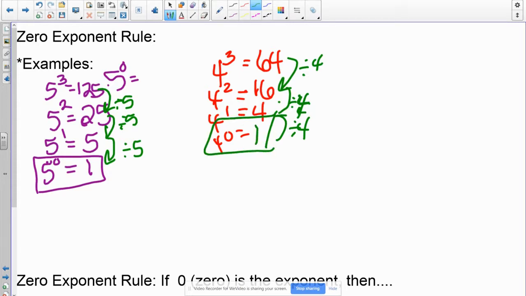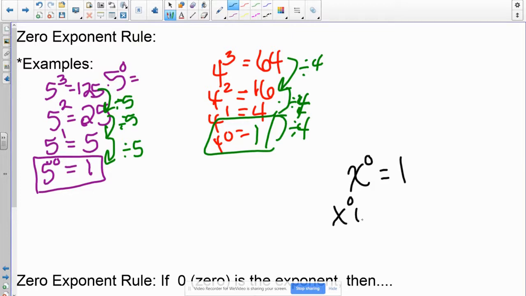So we could do this for many examples with the same base, following the pattern that we learned in Learning Target 1. And we're going to notice that anything to the 0 power is always equivalent to 1. That doesn't change if we change these to variables. So x to the 0 power is 1.